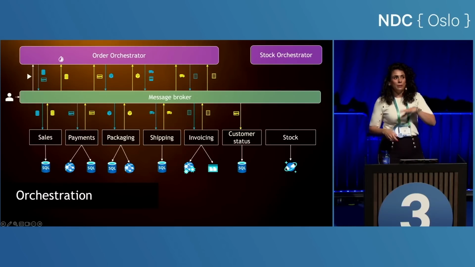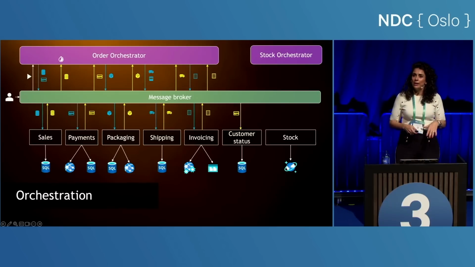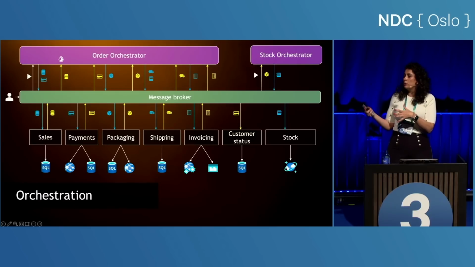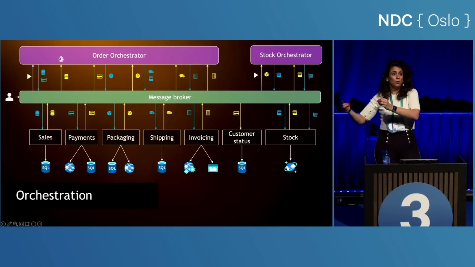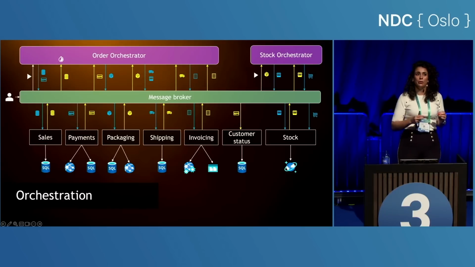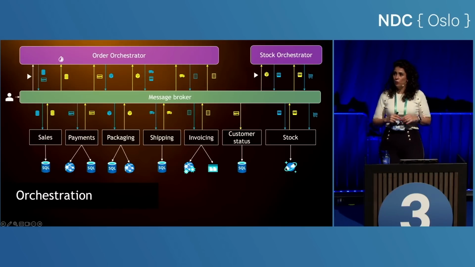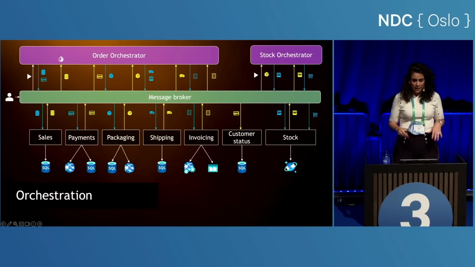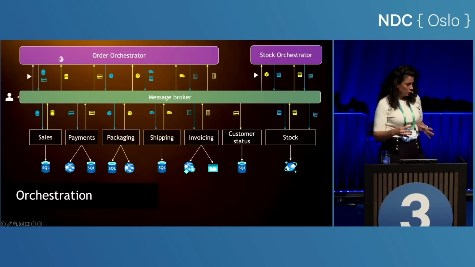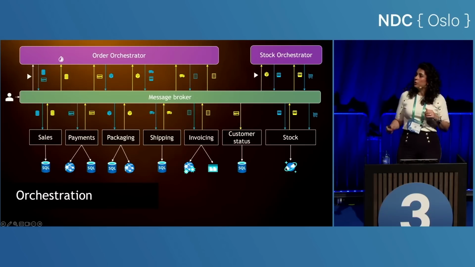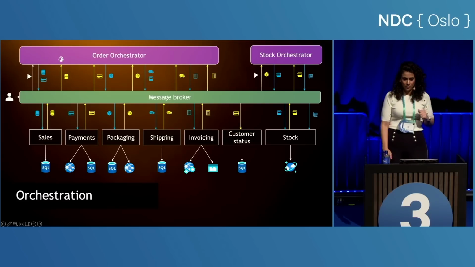But let's argue that, for example, adjusting the stock, that is complex enough for us to introduce a dedicated workflow, a dedicated orchestrator to take care of all of those involved steps. And this basically helps narrow down the dependencies of each individual orchestrator.